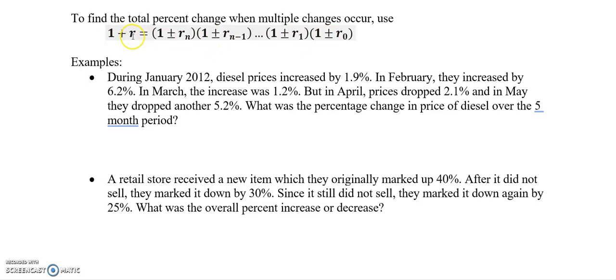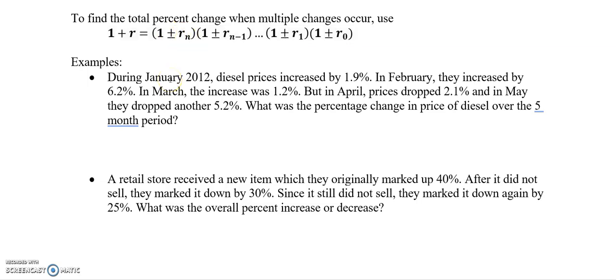So on the left-hand side of this formula, we're going to have 1 plus R, and then on the right-hand side, we're going to have however many sets of parentheses we need to represent each of the various changes. So in our previous example, where we had a 20% discount and a 30% discount, we would have two sets of parentheses. And we're going to use the plus if it is an increase, and we're going to use the minus if it is a decrease.